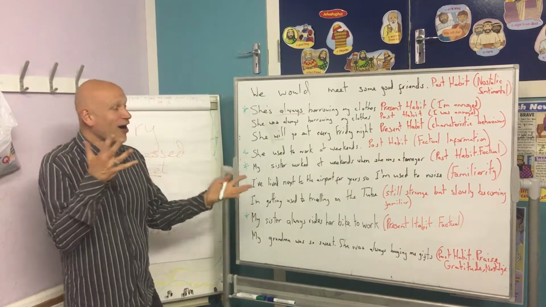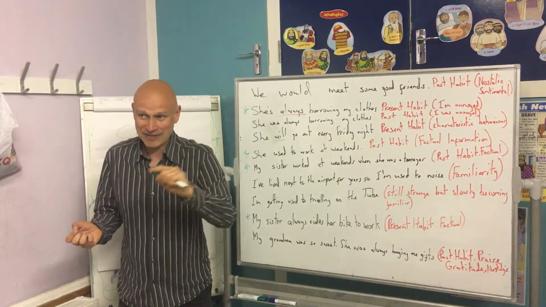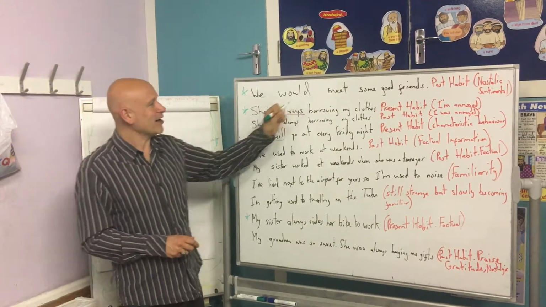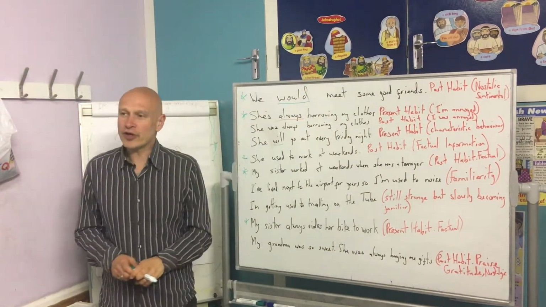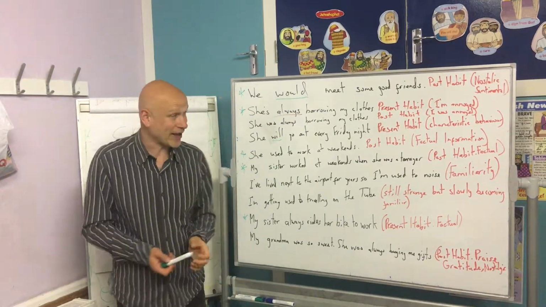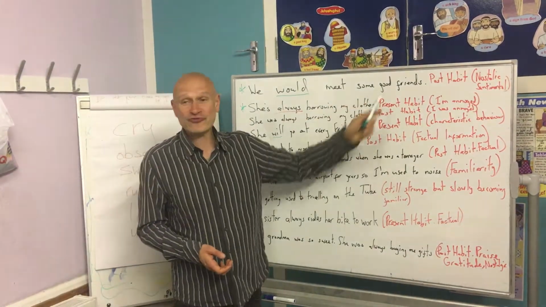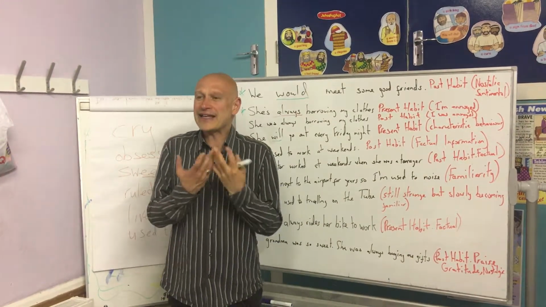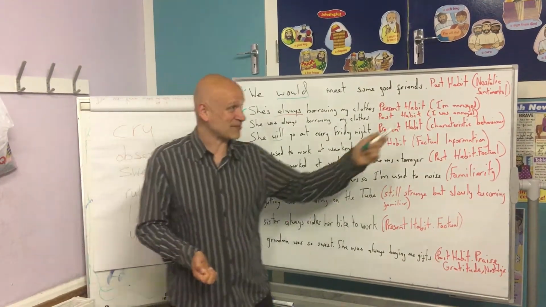However, there are other ways of expressing habit in the past. Here's one. Here, we're using the word would in a strange way. We would meet some good friends every weekend, and I remember this time really sentimentally. I feel very nostalgic about it.